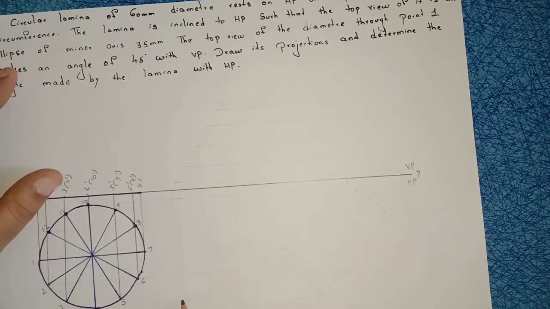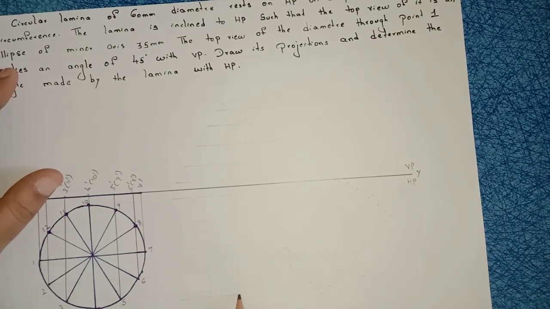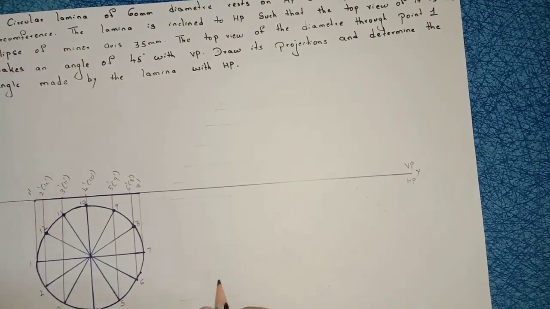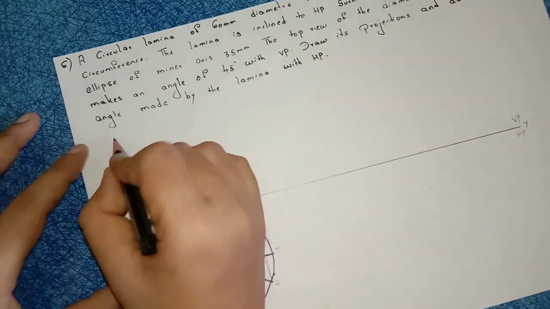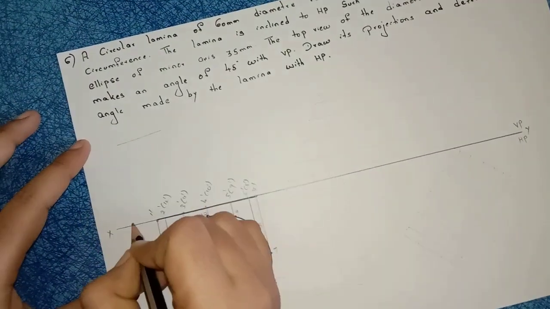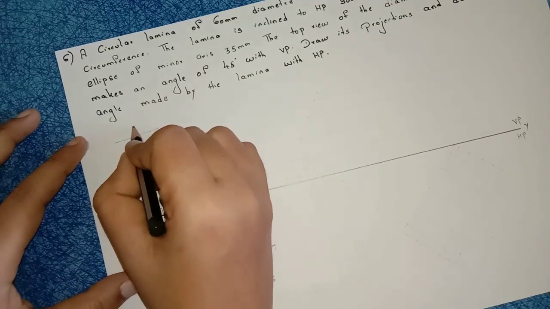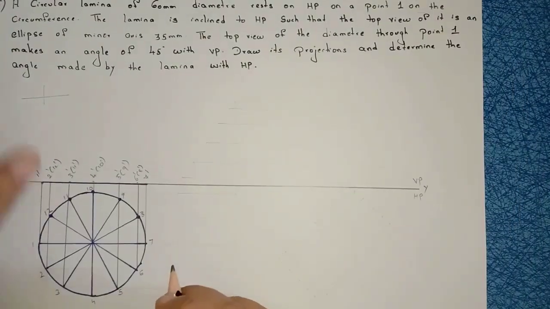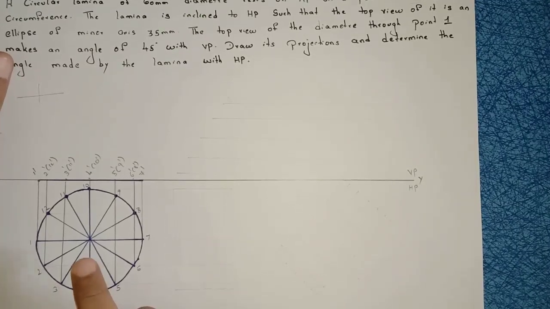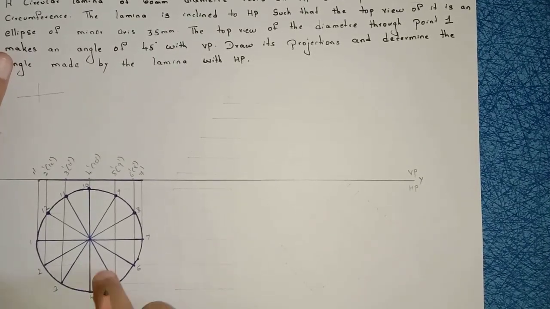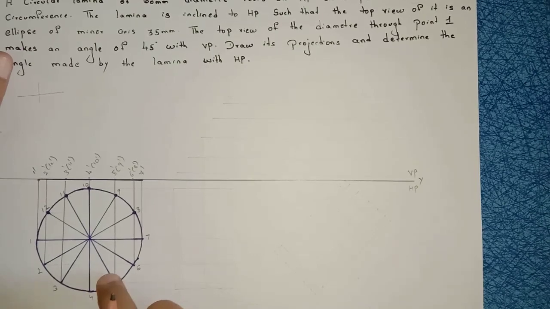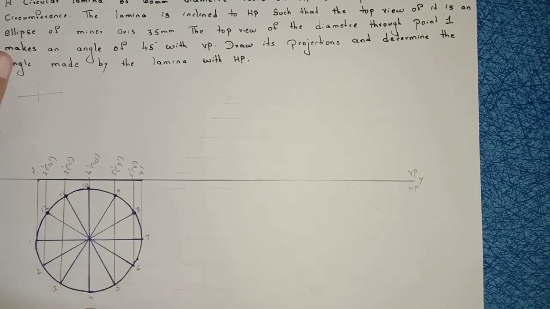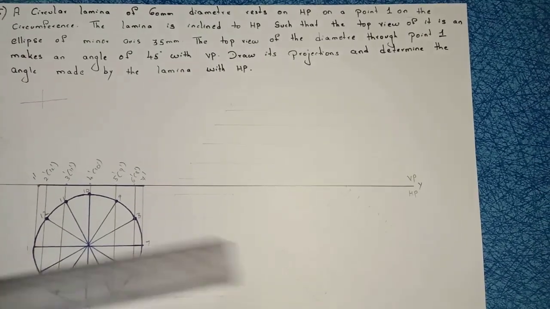So this is your major axis. You know, larger length is your major axis and smaller length is your minor axis, right? So what they are saying here is the top view of the circle looks like an ellipse of minor axis 35 mm.